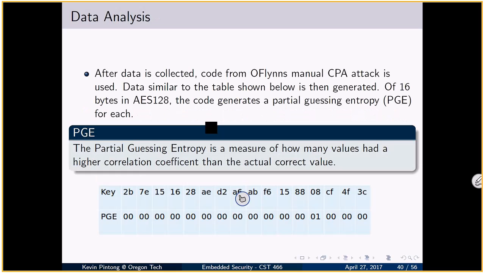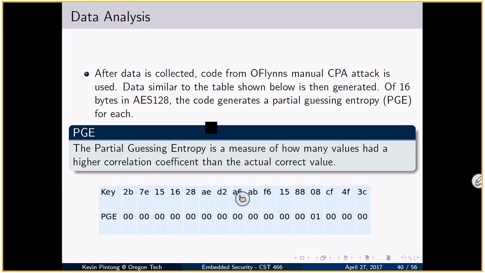Okay, so after data is collected, code from O'Flynn's manual, a CPA attack, correlation power analysis attack, is used. Data similar to the table shown is generated. Of the 16 bytes of AES-128, the code generates a partial guessing entropy. What a partial guessing entropy is, basically, is a measure of how many values have a higher correlation coefficient than the actual correct value.